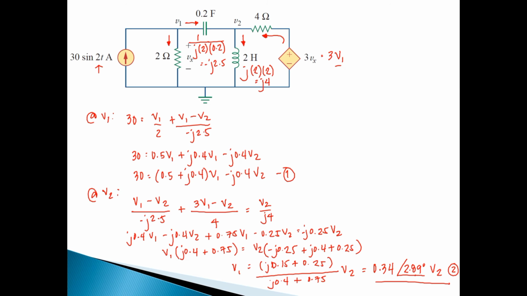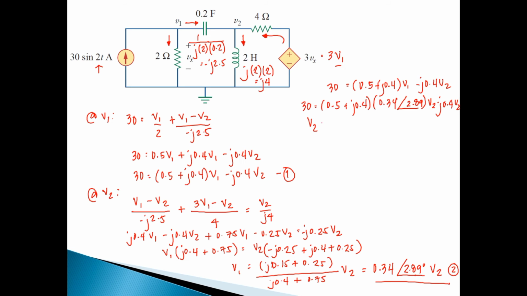Now we can substitute the second equation into our first equation to solve for the value of V2. So let us substitute into j0.4 V1 minus j0.4 V2. So 30 is equal to (0.5 plus j0.4) times V1, which is 0.34 angle 2.89 V2, minus j0.4 V2.